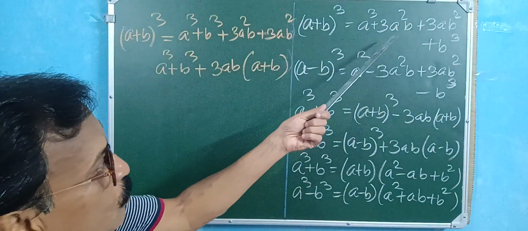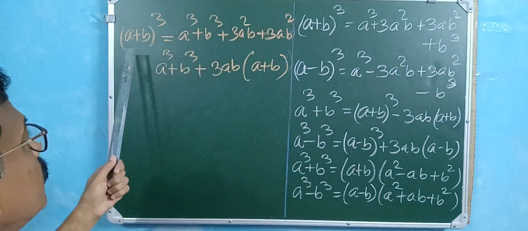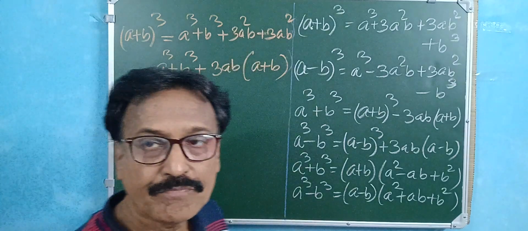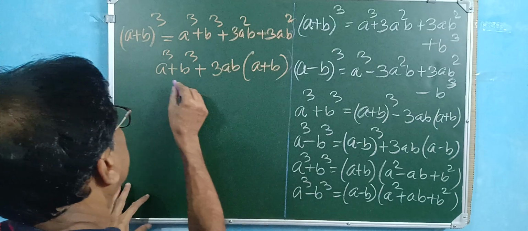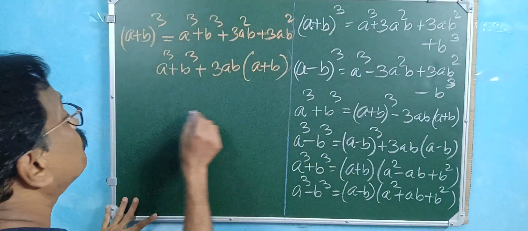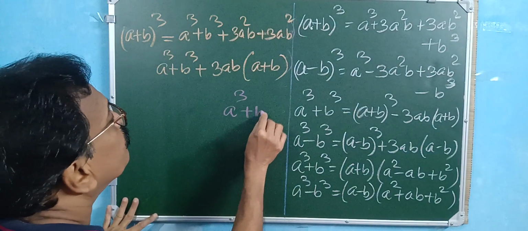(a plus b) whole cube is a cube plus 3a square b plus 3ab square plus b cube. The same formula gives (a plus b) whole cube is a cube plus b cube plus 3ab into (a plus b). From here we can also deduce a formula. Suppose this is (a plus b) whole cube, and on the right hand side you write a cube plus b cube.